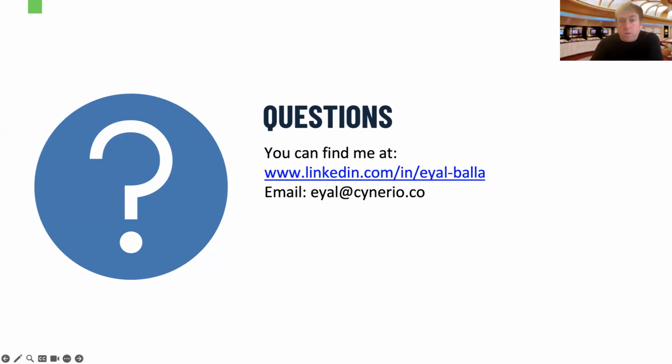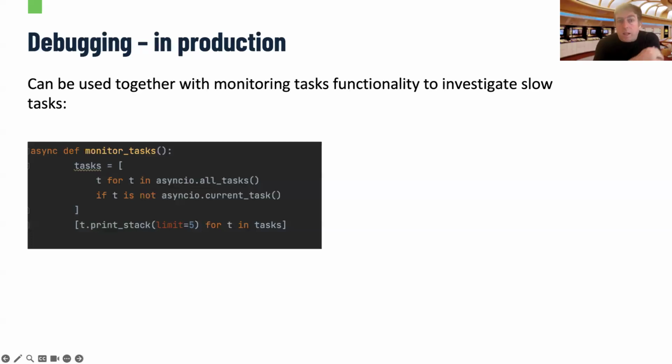And then you can use something like the task monitor right here. You can add this as something that you call within your code. And this actually helps you understand the different coroutines that run at the same time, and together with the slow coroutines, understand the impact of each of the different coroutines running.